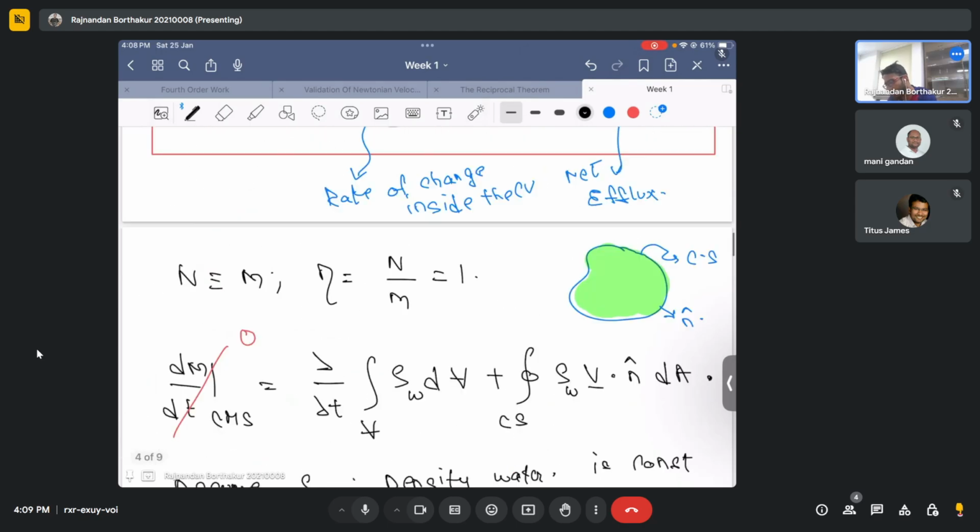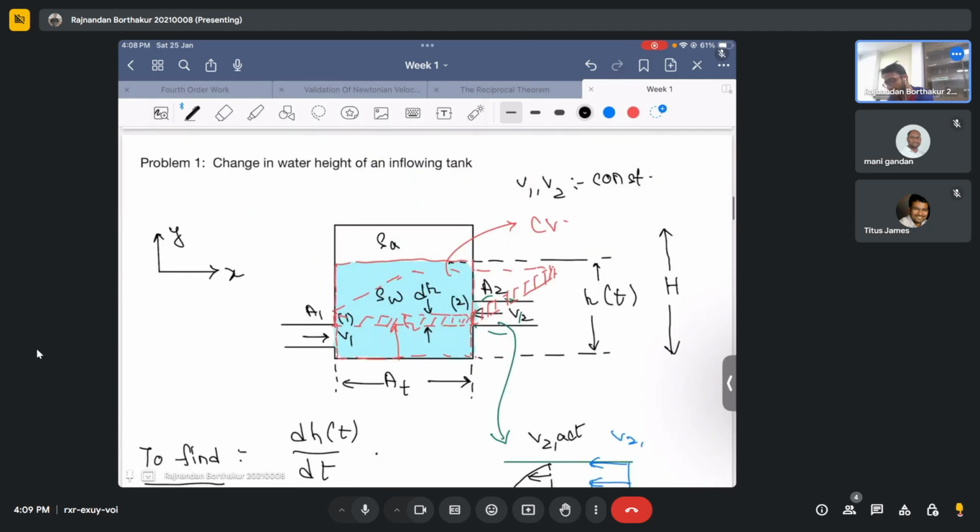Let's have a look at the control volume and try to understand one thing. There are only two surfaces through which mass is coming inside the control volume. If I fix this control volume, only these surfaces are where mass is coming in, which means there is a flow of mass inside the control volume with some velocity v.